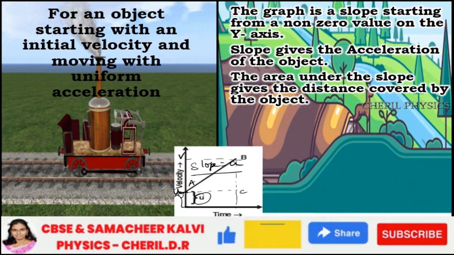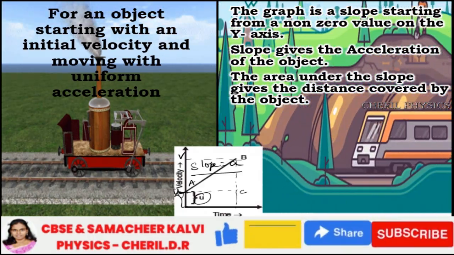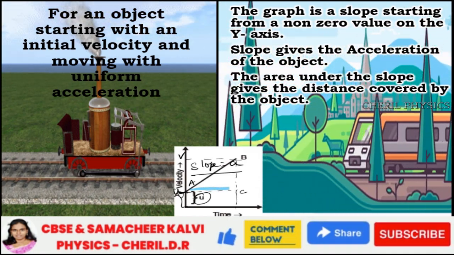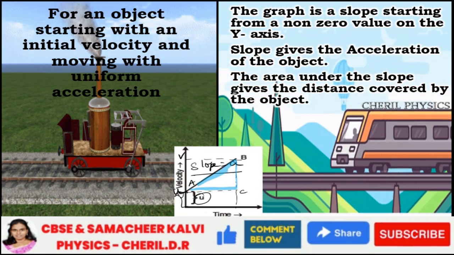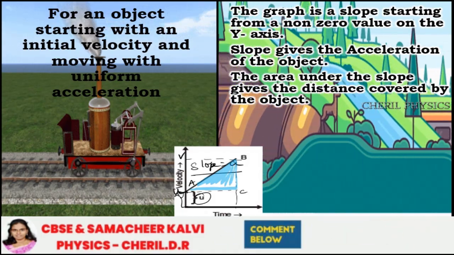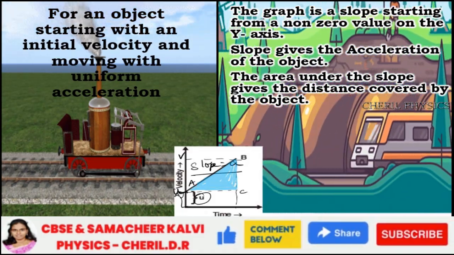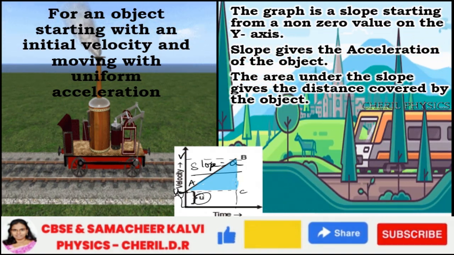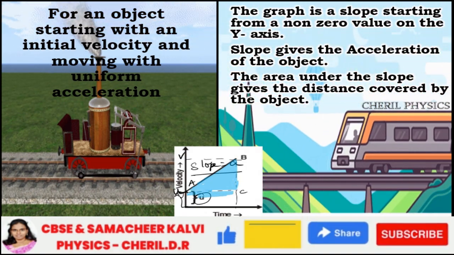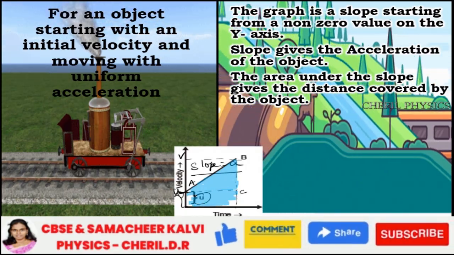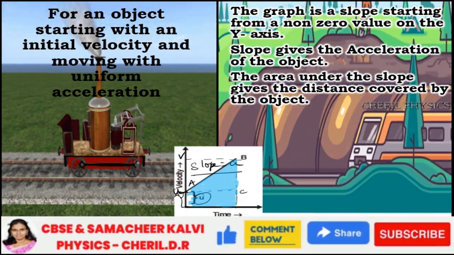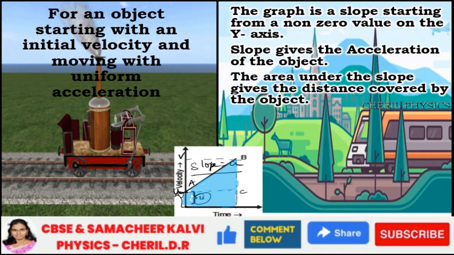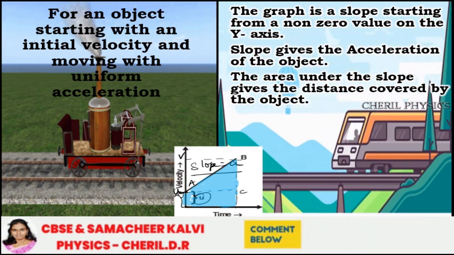Now what about the area under the graph? So area under the curve. While we calculated the slope, we only calculated till this. Correct? But when you are calculating the area under the curve, you will not stop with this, but you will also find out the entire area. Even this area you will have to find out. So for this, what do you have here? You have a trapezium. This big trapezium is there.